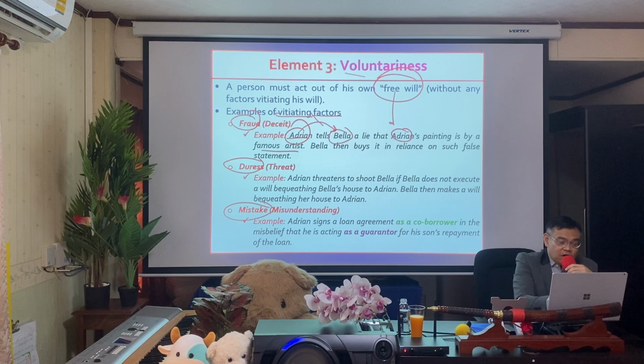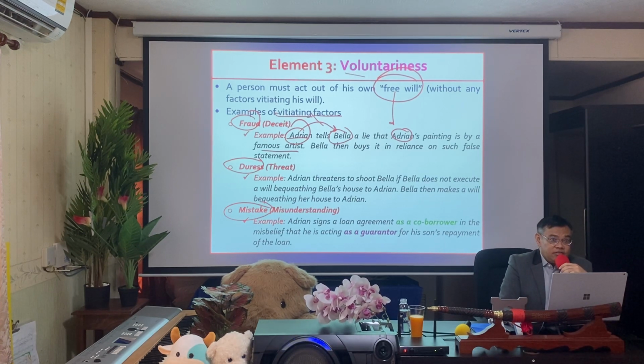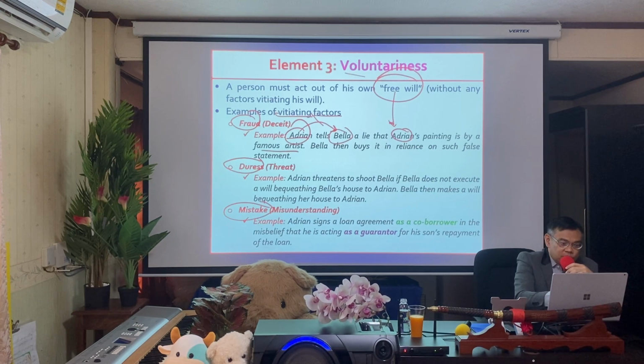We have a contract between Adrian and Bella here. Of course, a contract is a juristic act. But in this case, this contract, i.e. a juristic act, cannot have valid effect simply because it is not made by free will.